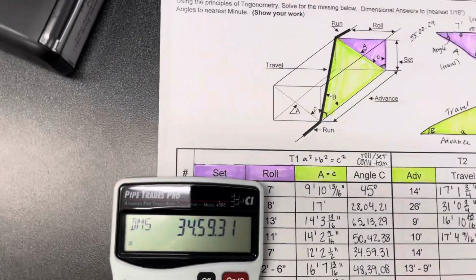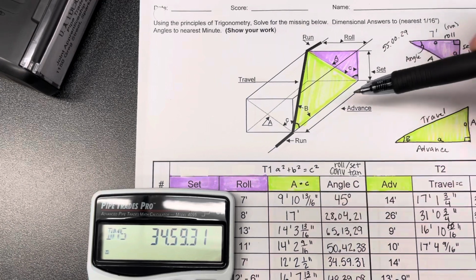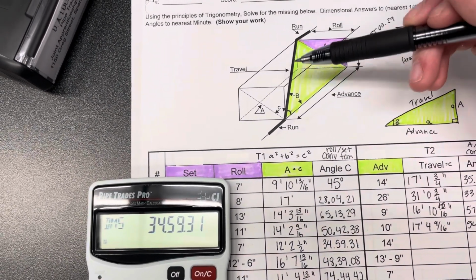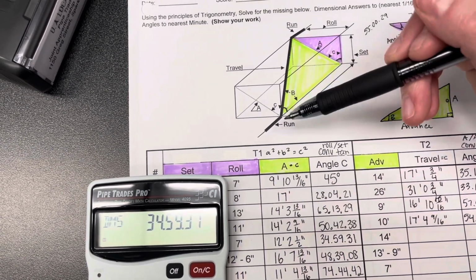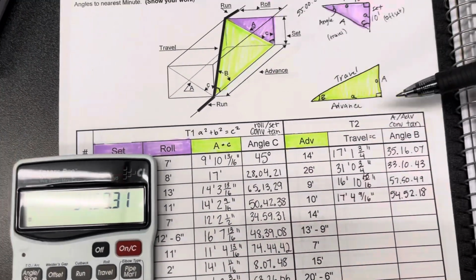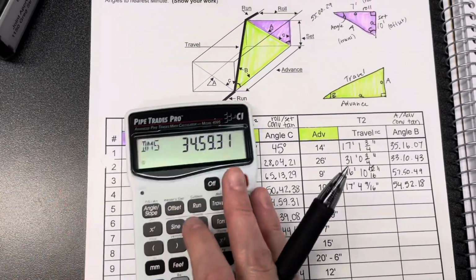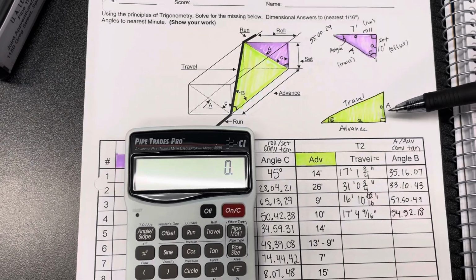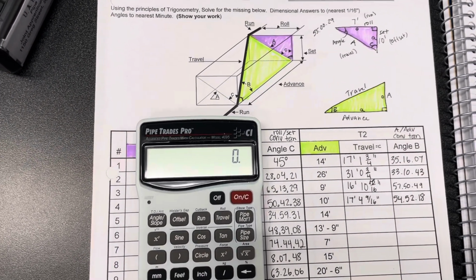Okay. Now that we know all of the information about the purple, we can go ahead and solve the green triangle. Now, the green triangle really is a diagonal triangle created by slanting across this rectangular shape we have. But if I were to take this green triangle out of the box and kind of draw it off to the side, if we wanted to use those calculator functions, we would think about A, which is a little bit weird, A as being the vertical change, even though it's not going straight up and down.